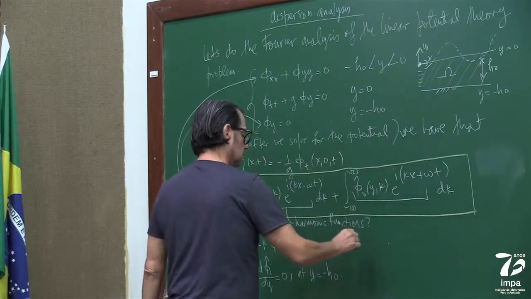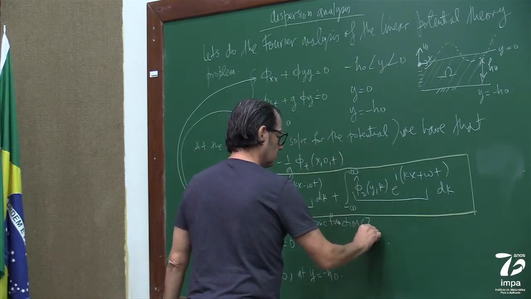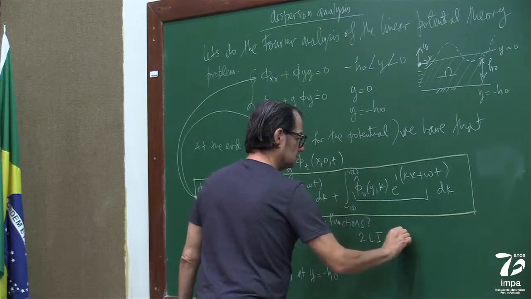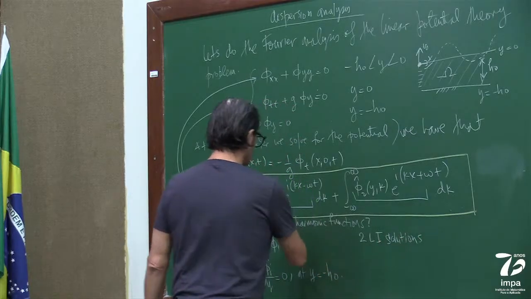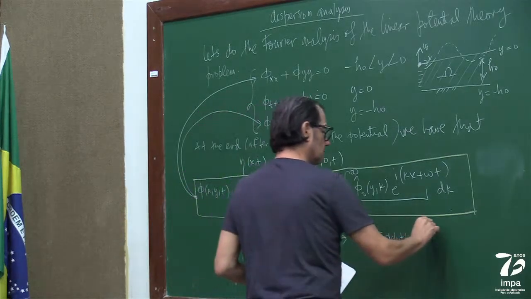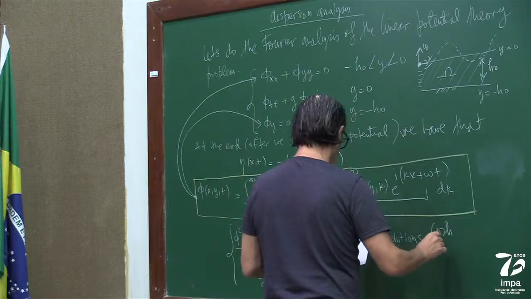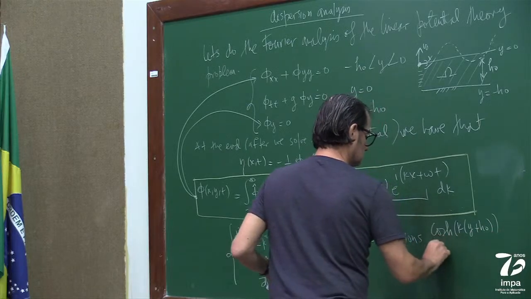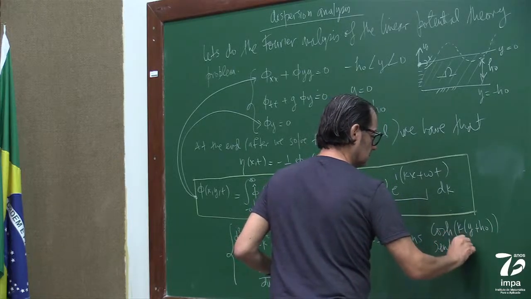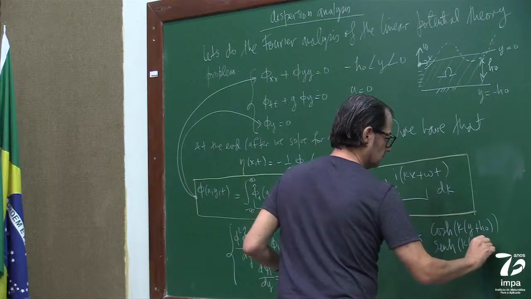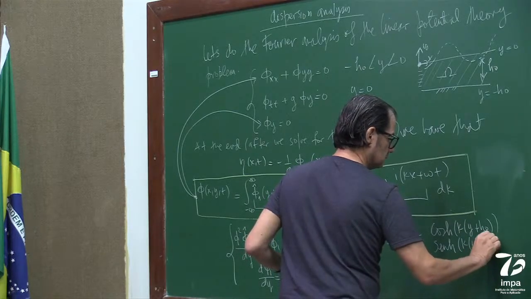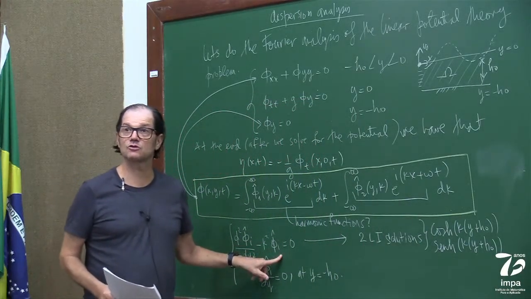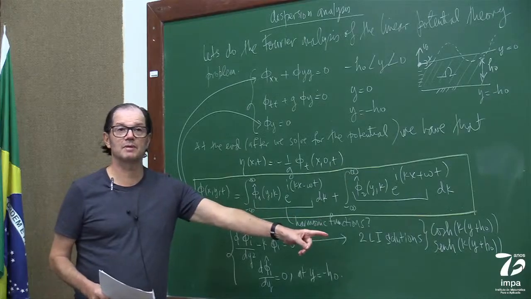Okay? So it's very simple to see that we have two linearly independent solutions to this, which is cosh and sinh.